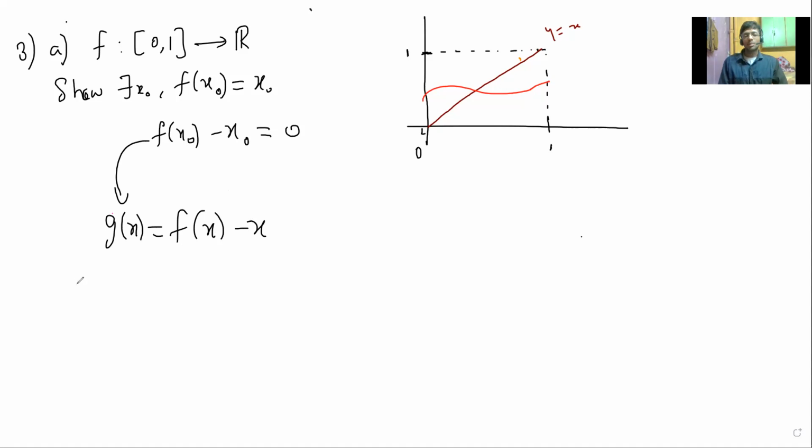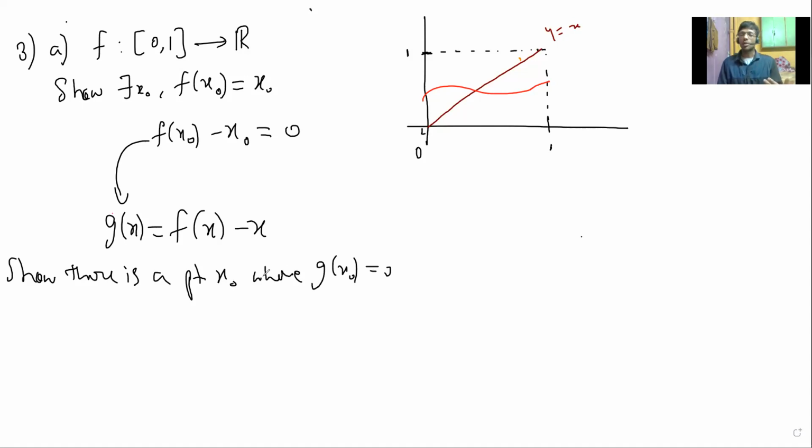We want to show that there is a point x naught where g of x naught is zero. This is basically the question, but I'm translating it like this because it's easier to show that something is zero. Even if you don't do it, it can still be done, but it will become a little more messy.